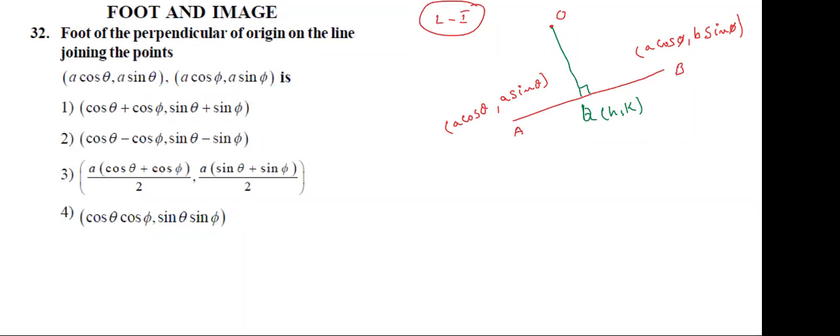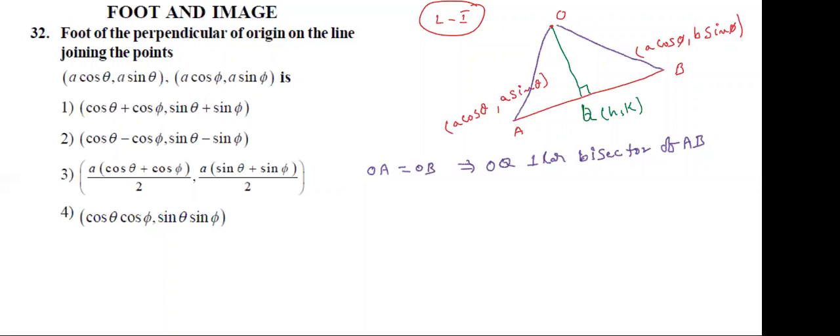If it were there, we would use the formula (h - x1)/a = (k - y1)/b, like that. So use another formula. Find the distance OA and find the distance OB. If OA is equal to OB, then we will say that OQ is the perpendicular bisector of AB.